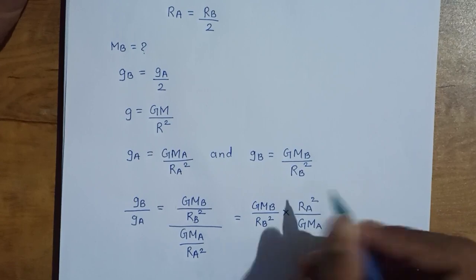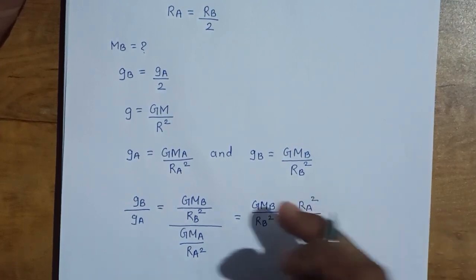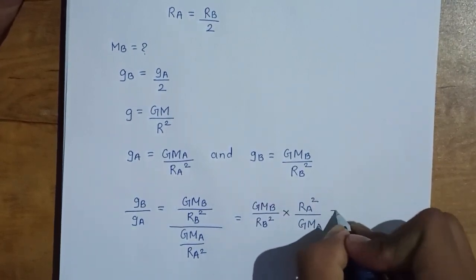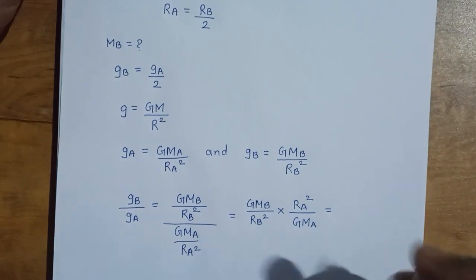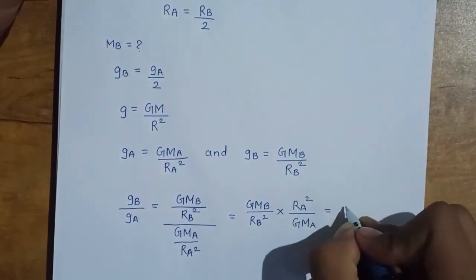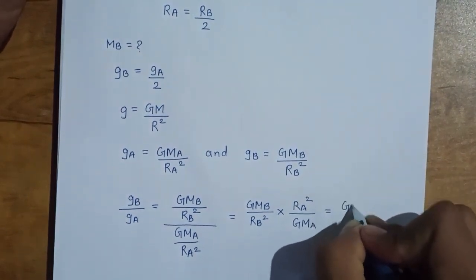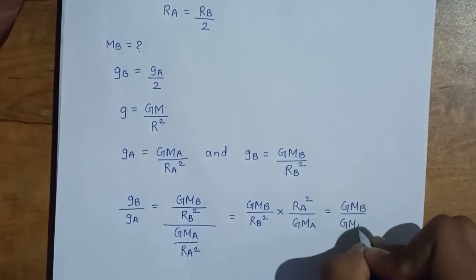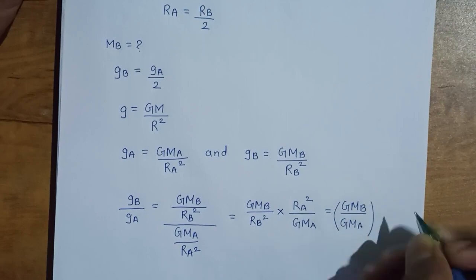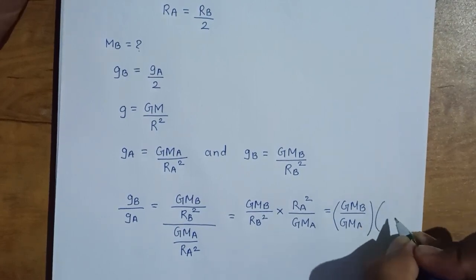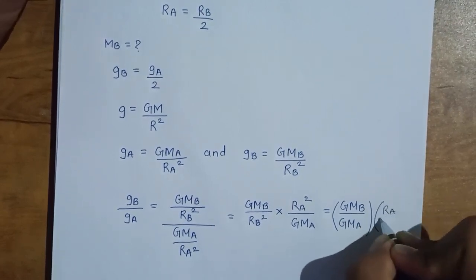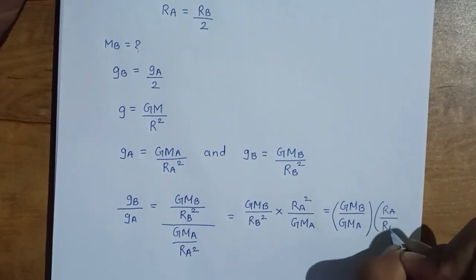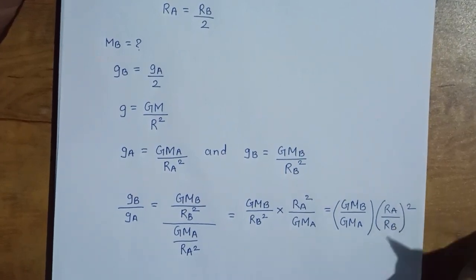So we will take Ra and Rb common, and Gm and Gm common. So it will become Gmb divided by Gma into Ra divided by Rb the whole square.